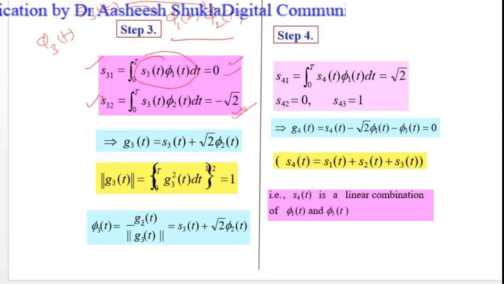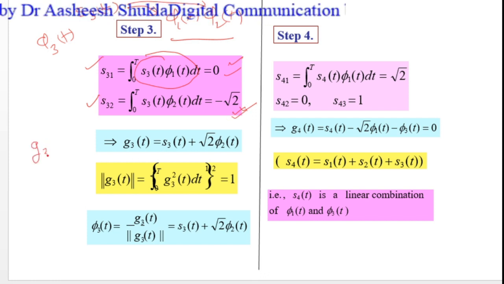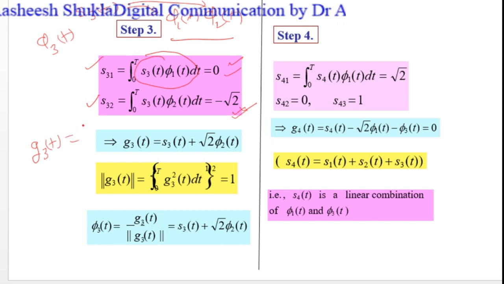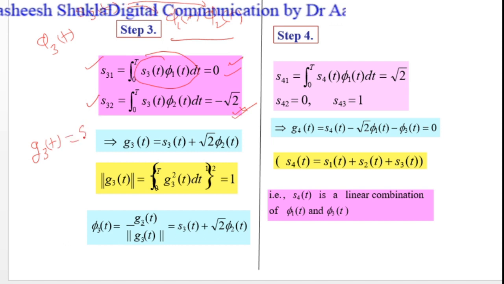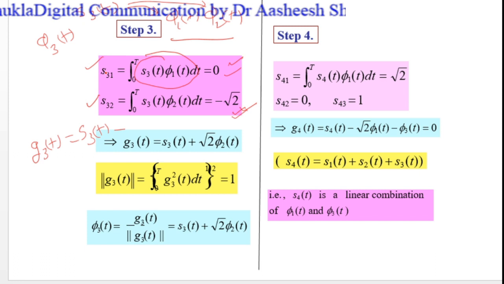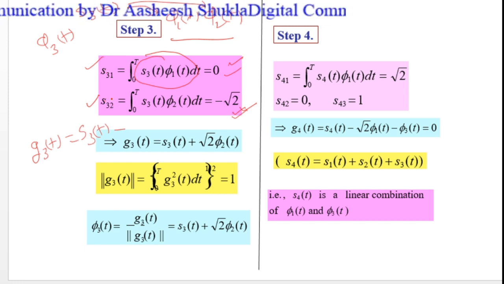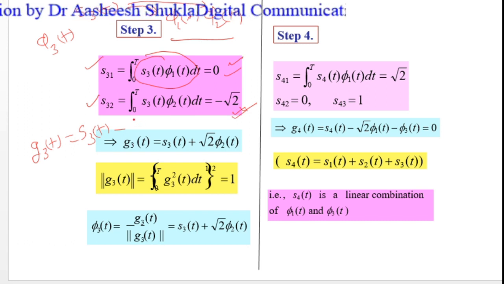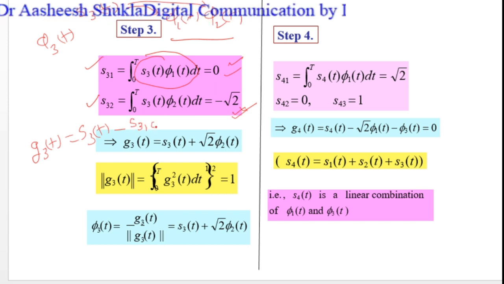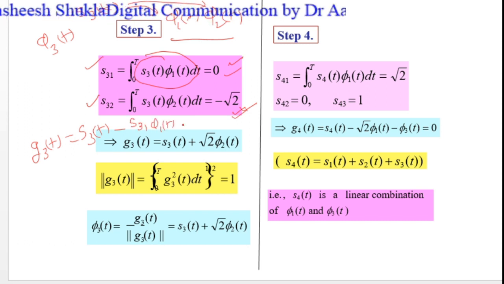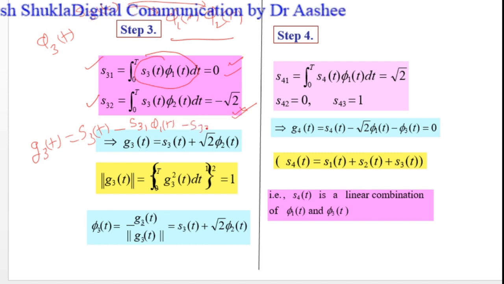Once you got this, now you have to find the vector G3t. So G3t will be S3t minus the projection S31 along phi 1 and the projection S32 along phi 2. So it will be equal to S3t minus S31 phi 1t minus S32 phi 2t.